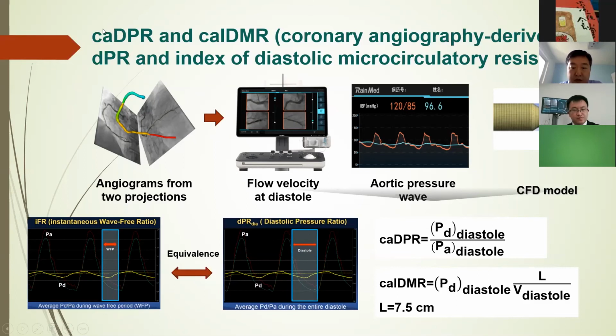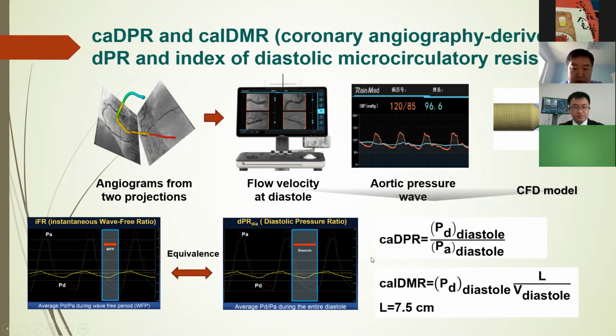We know the DPR is a numerical equivalent to the iFR. They are exactly the same, no difference, even for the cutoff value. So we can use the DPR to mimic the iFR. Also, we can use the CADPR without needing the empirical model.